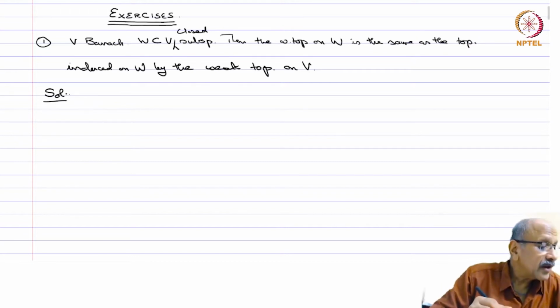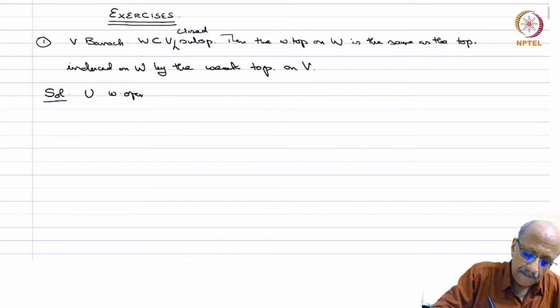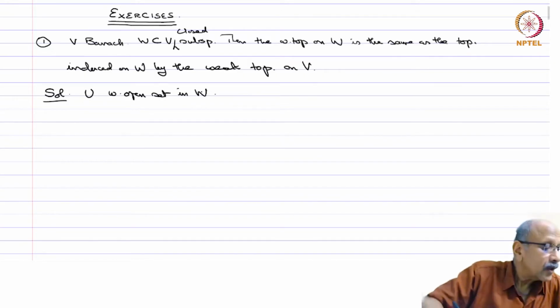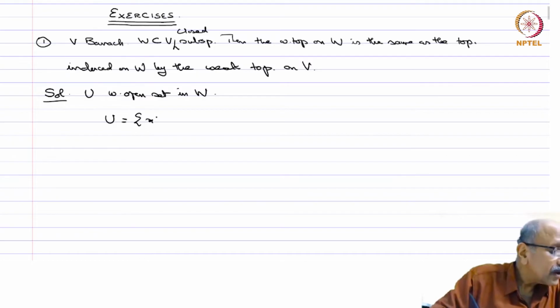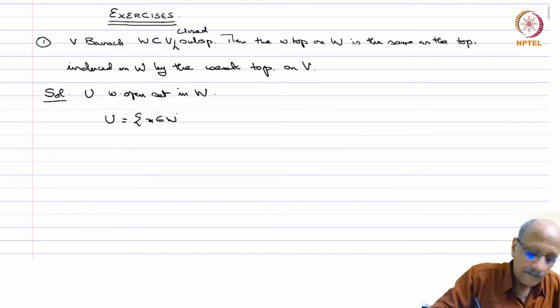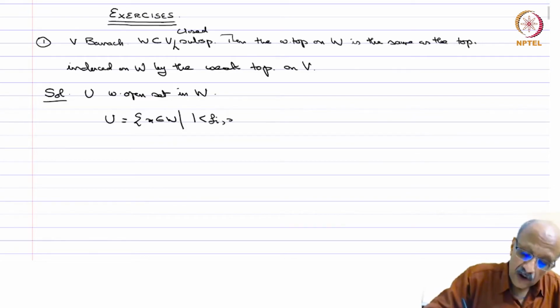So let us take U, a weakly open set in W. So what is this going to be? U would be of the form: the set of all X in W such that mod Fi(X minus X naught).